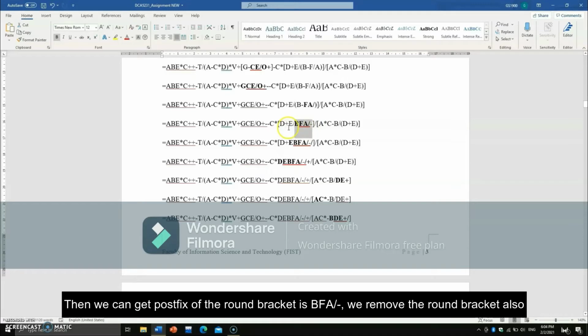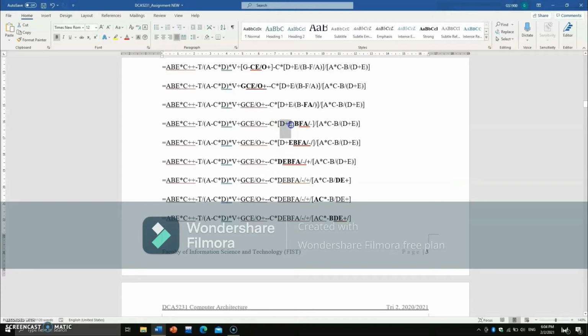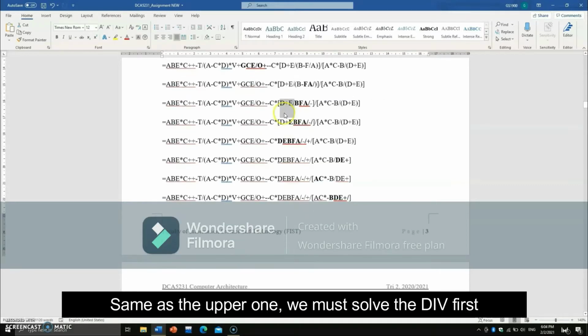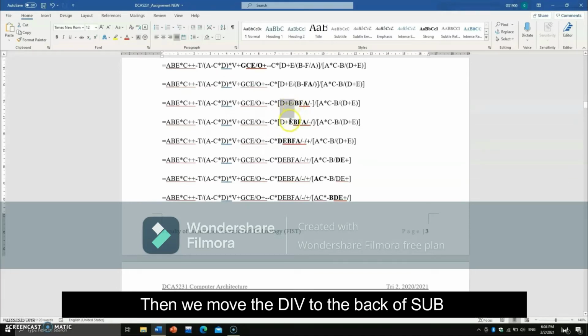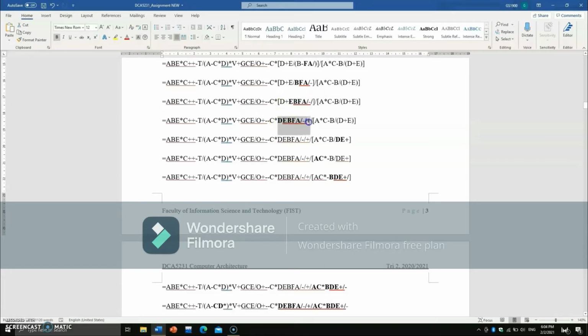We remove the round bracket also. Then inside the square bracket, we have add and divide. Same as the upper one, we must solve the divide first. Then we move the divide to the back of subtract. After that, we can solve the add. Then we move the add to the back of divide.